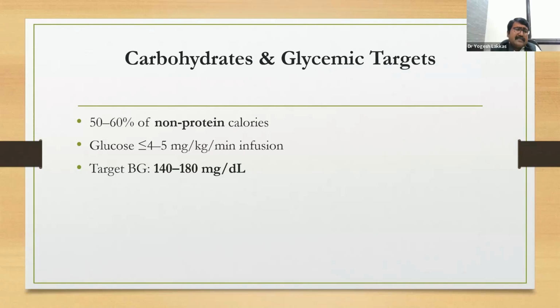Carbohydrate and glycemic targets: we know that 50 to 60% of the non-protein calories will be derived from carbohydrate. The glucose infusion rate would be 4.4 to 5 milligram per kg per minute, and the target blood glucose level that you will be maintaining is 140 to 180 milligram percent in the ICU.